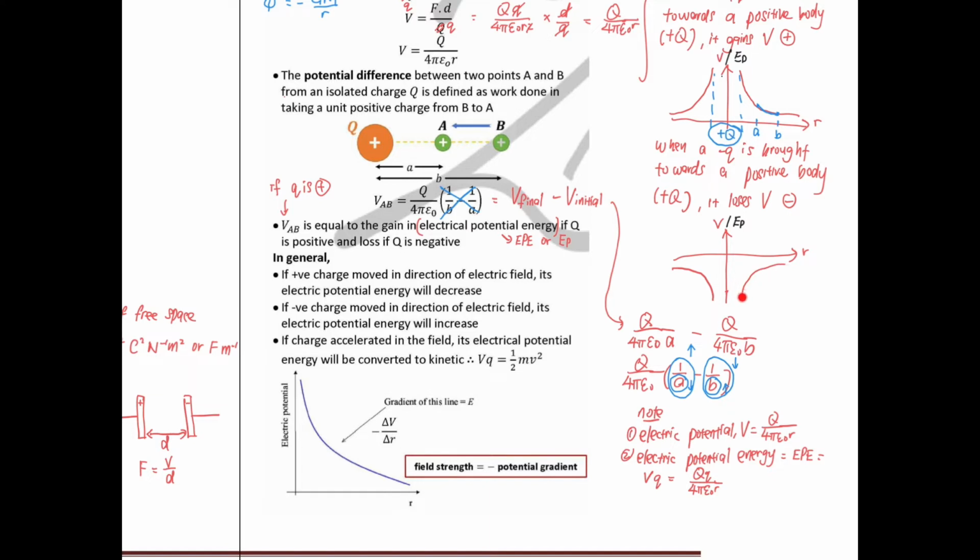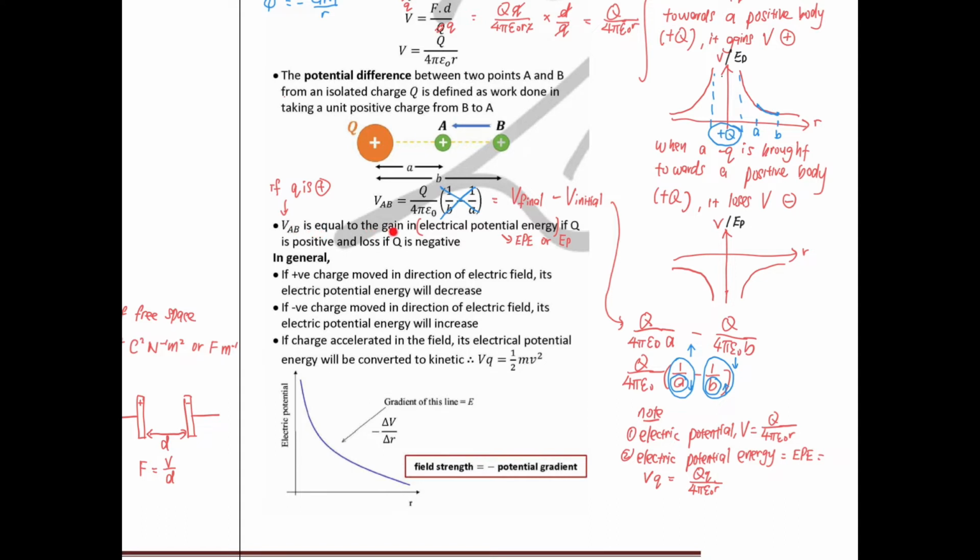The concept will be the same also. If both are positive and you put it nearer, they will have an increase in EP. So that's why this point makes sense here.